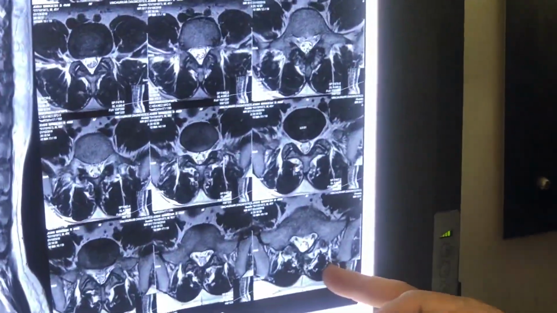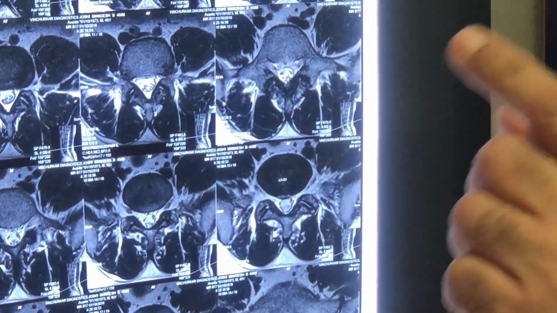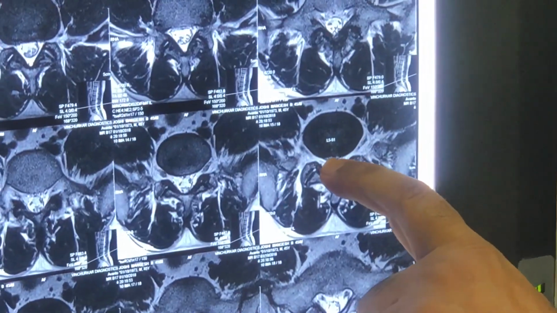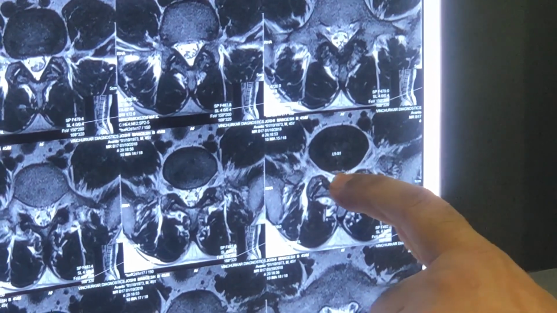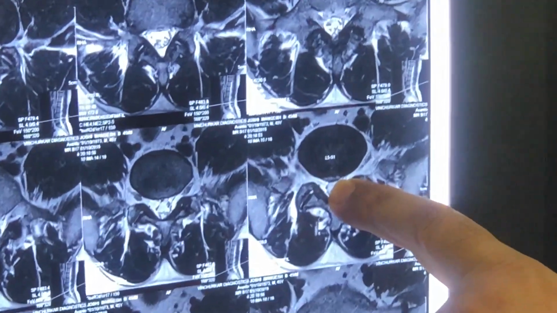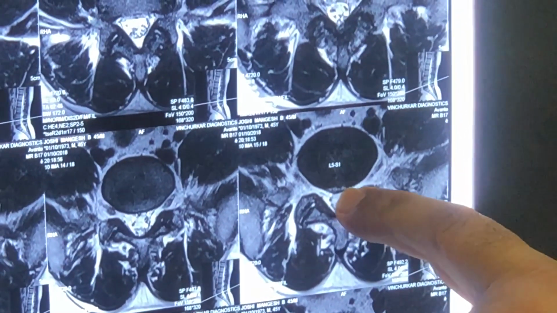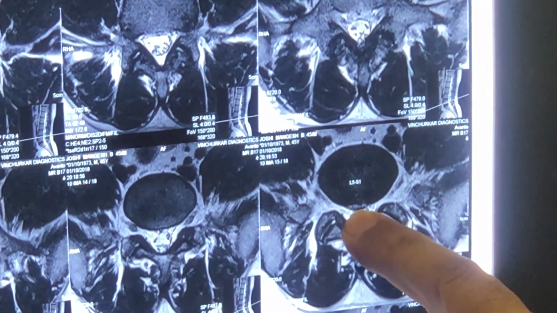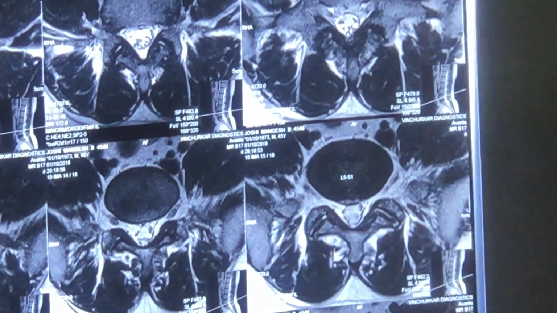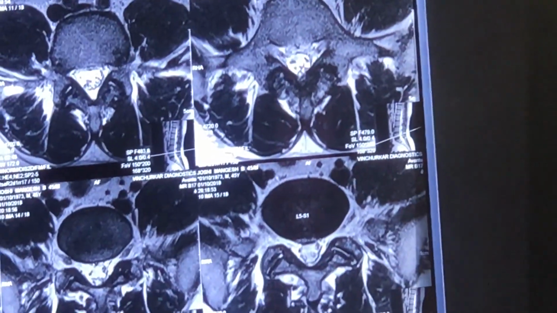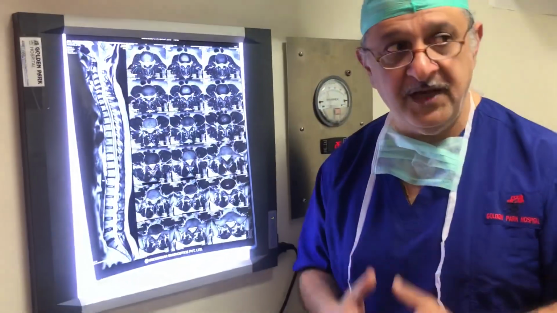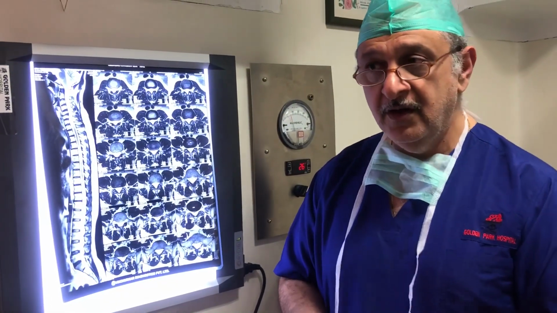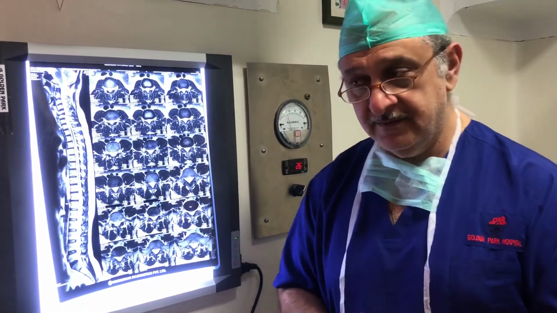It has bulged out, and if you zoom a little closer, you will see the annular rent lighting up like a white band across the canal. This signifies the high intensity zone and the annular rent. This has been reported by the radiologist, but unfortunately, attention has not been paid to this by the treating doctor till now. Today we intend to change that story.